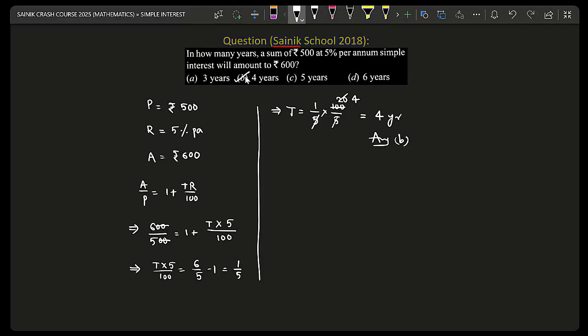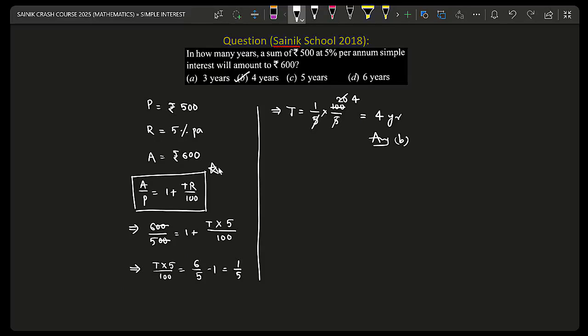Very good, Pranay, but you are not recalling this formula. Will you remember it now? A by P is equal to 1 plus TR by 100. When do we use this formula? When we want time, and when the question involves amount and principal both.